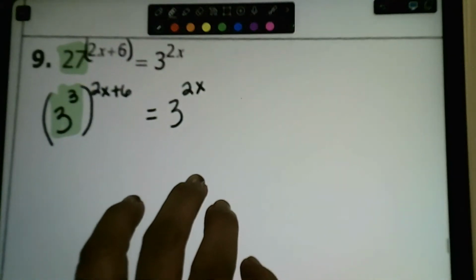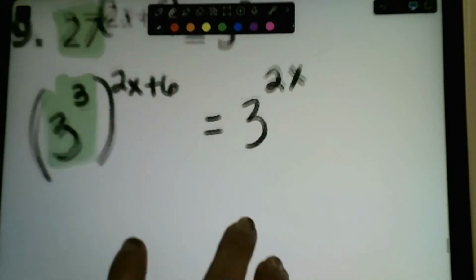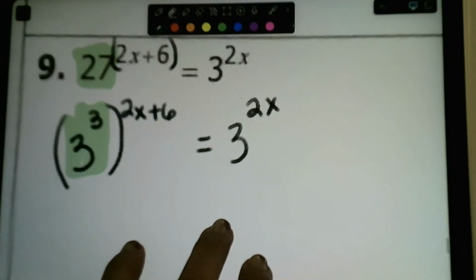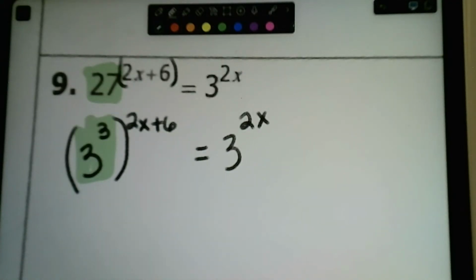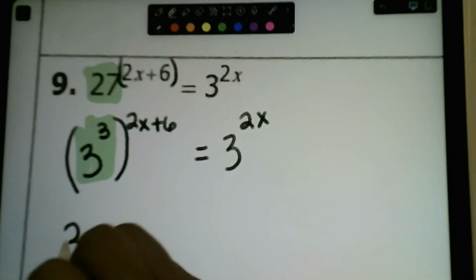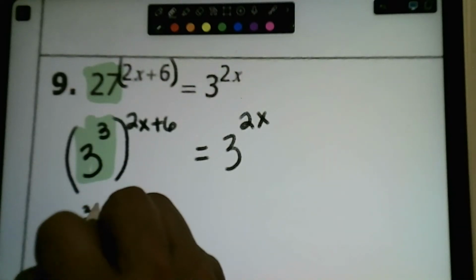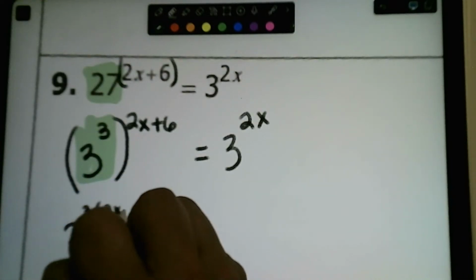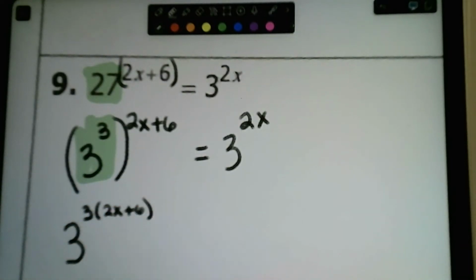Now we're going to simplify that left side of the equation a little bit more. Do you remember what you do with a power to a power? Try again. Multiply. You multiply the powers. So the left side is going to become 3 to the power of 3 times 2x plus 6, that entire group, 2x plus 6.